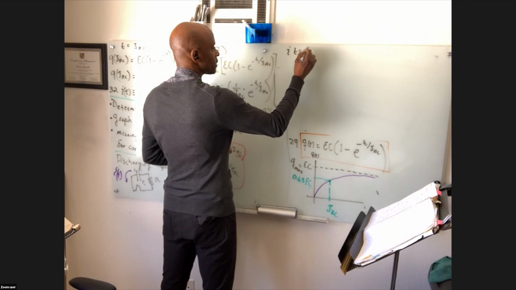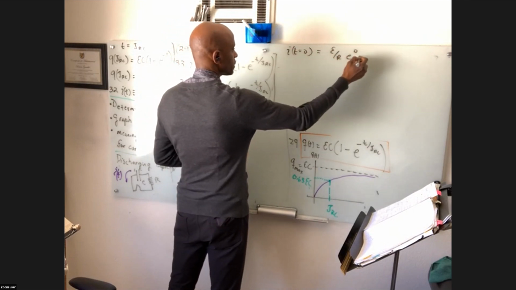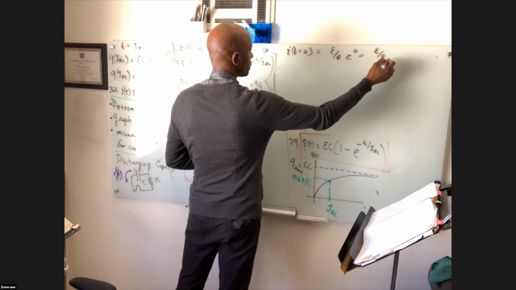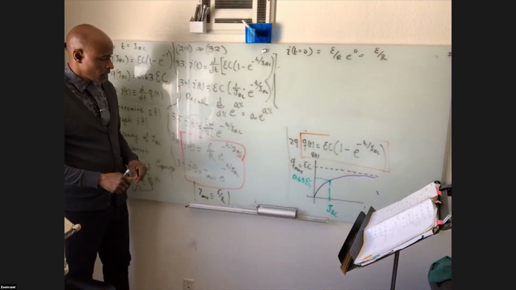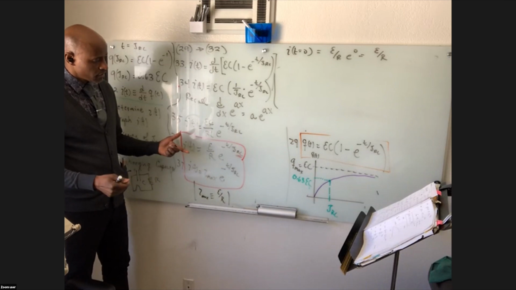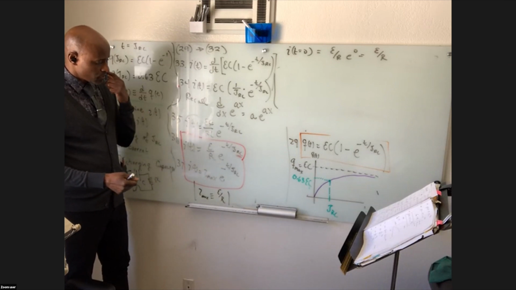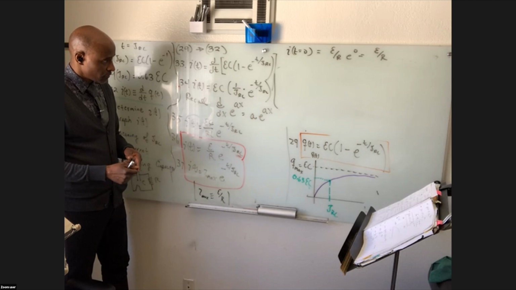I of t equals 0 is going to be equal to E over R times e to the 0, which is just E over R. And as time goes to infinity, this whole term will go to 0, because 1 over e to the t goes to 0 as t goes to infinity.